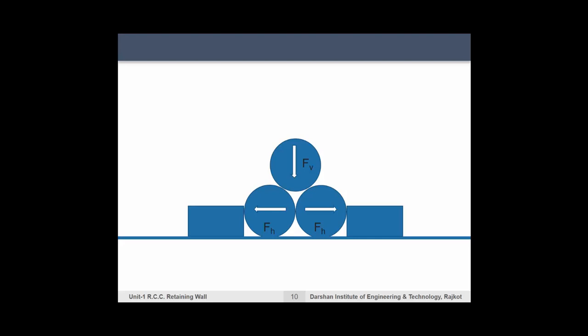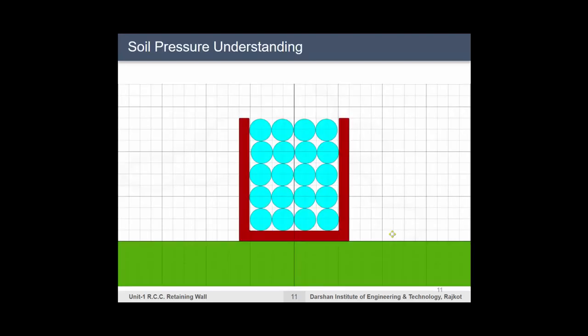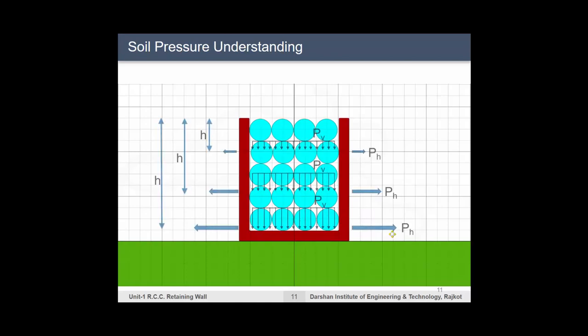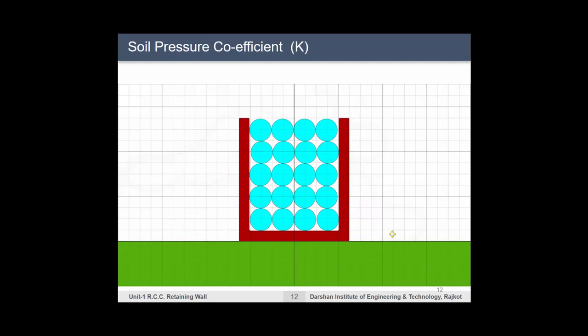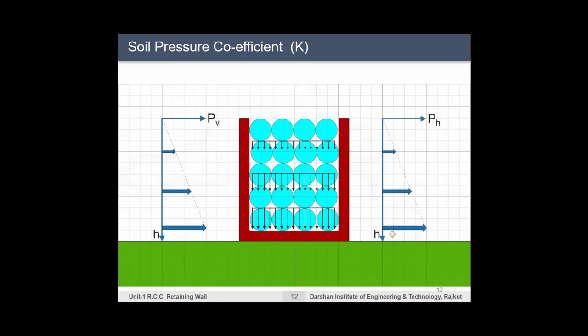At a shorter distance down, both the horizontal and the vertical pressure forces are small. At progressively greater depth, both pressures increase. Experiment shows that for most materials, the ratio of horizontal pressure to vertical pressure is constant. We call this ratio the pressure coefficient K, and it is usually less than 1.